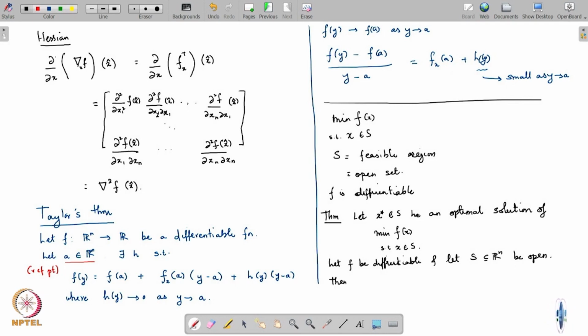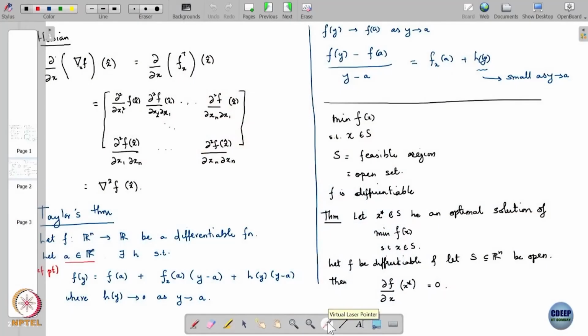Then we must have this: if you look at the derivative of f with respect to x evaluated at x star, then this derivative must be equal to 0. That is the conclusion.